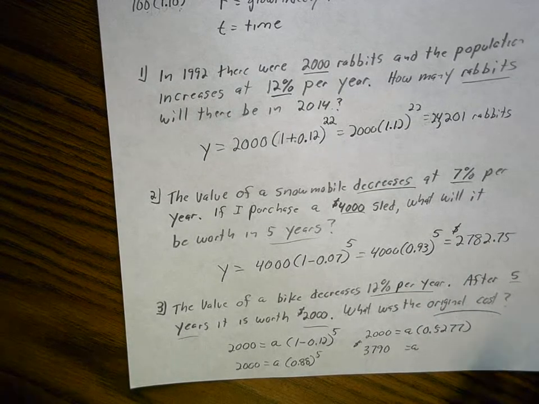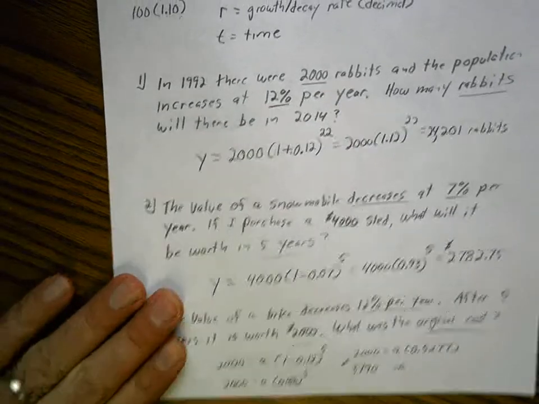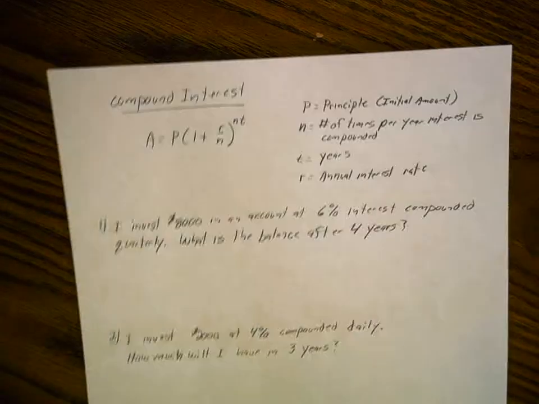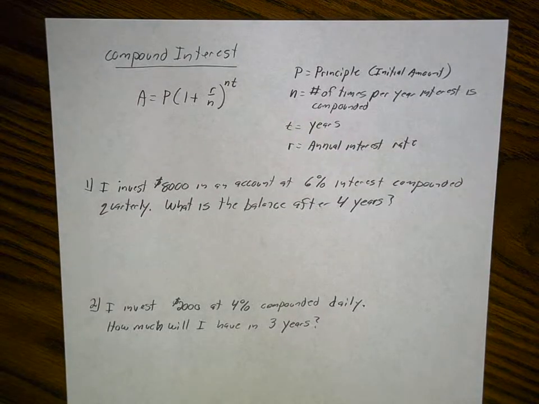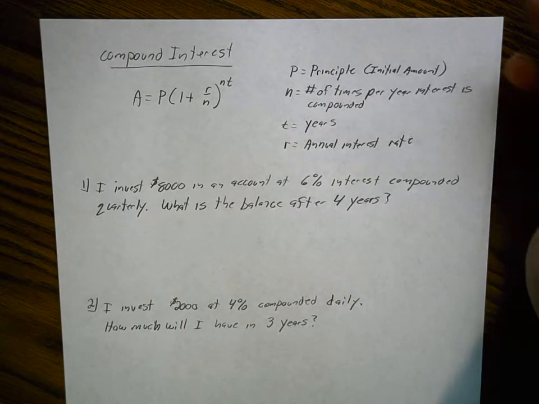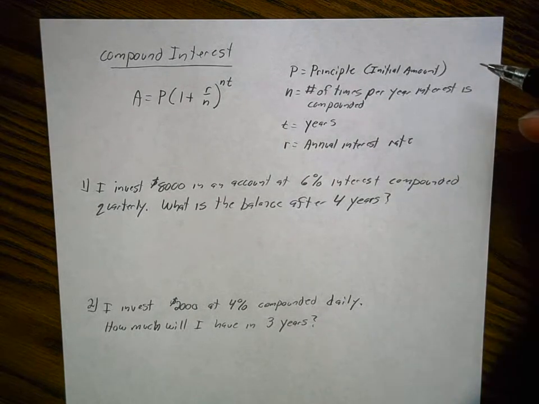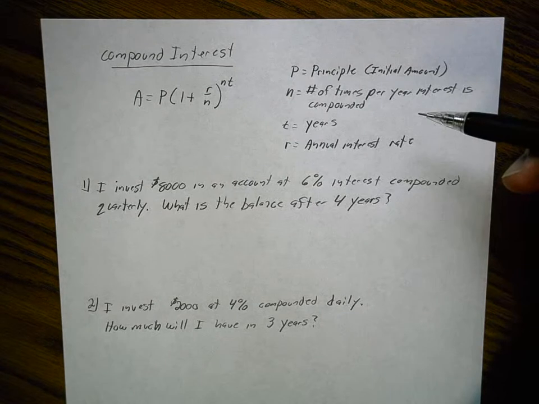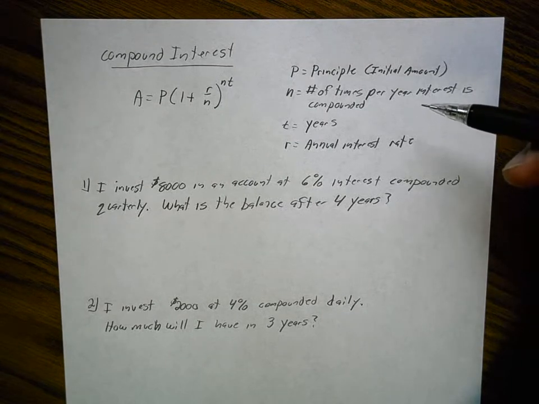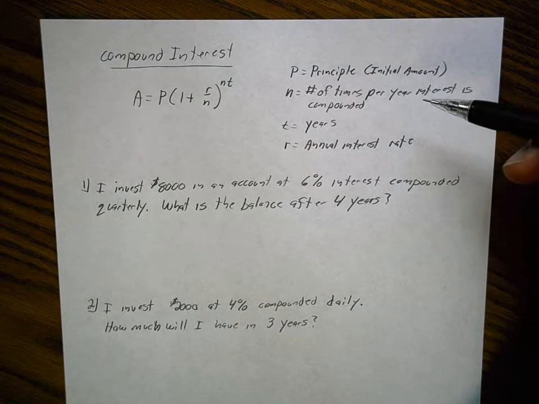5 years ago. Okay. The other thing in this section is compound interest. When you put money in a bank, you can have interest compound not necessarily annually, but quarterly, which would be 4 times a year, or monthly.